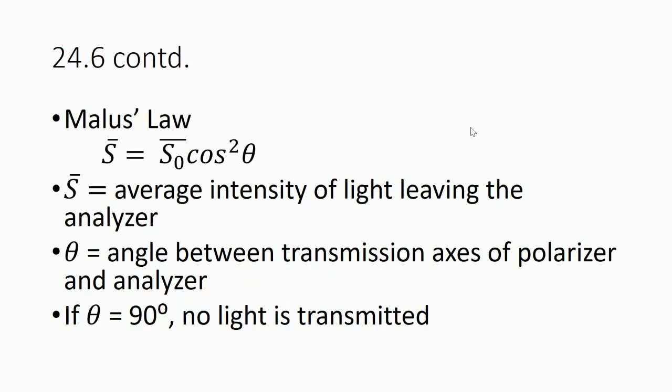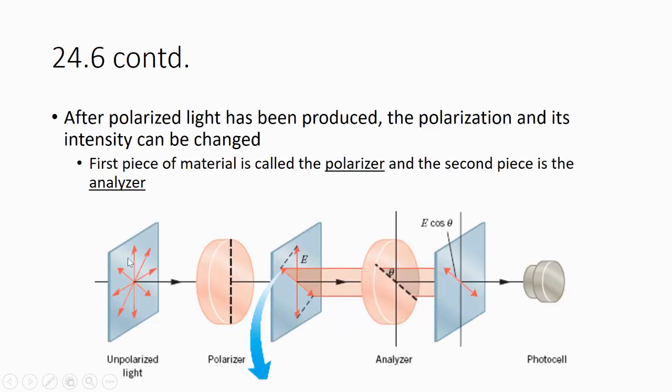Then we have, lastly, Malus's Law, which says that the average intensity of the light leaving the analyzer is equal to the intensity of the light entering the analyzer times the cosine squared of theta, where theta is the angle between the transmission axes of the polarizer and the analyzer. So if that angle is 90 degrees, no light is transmitted.